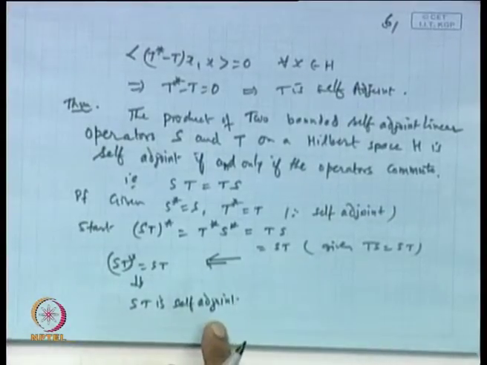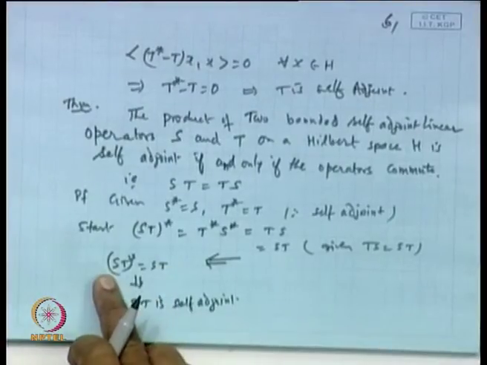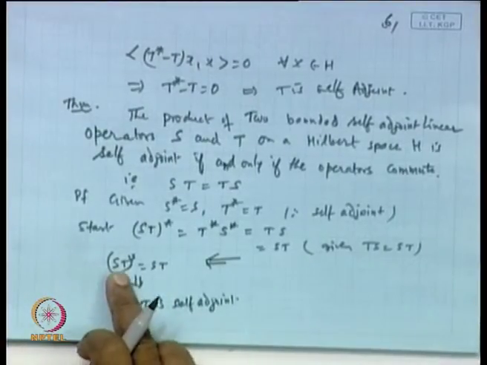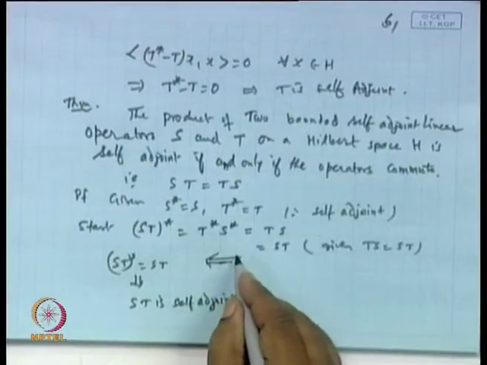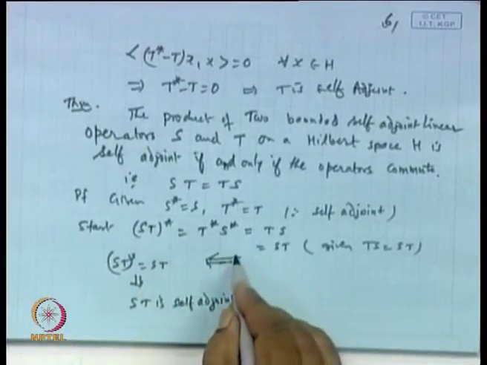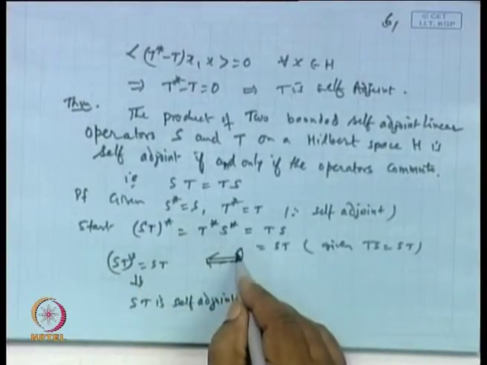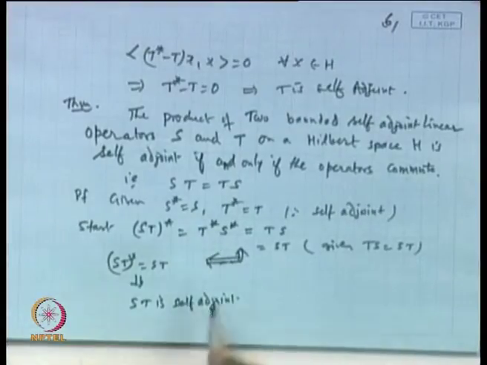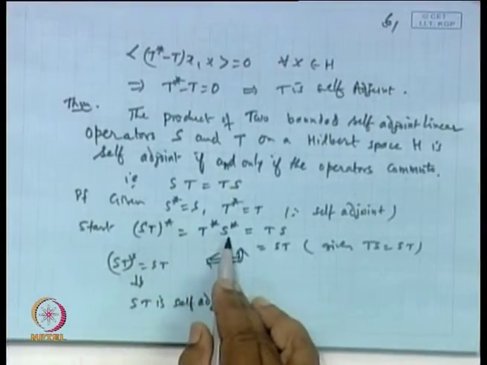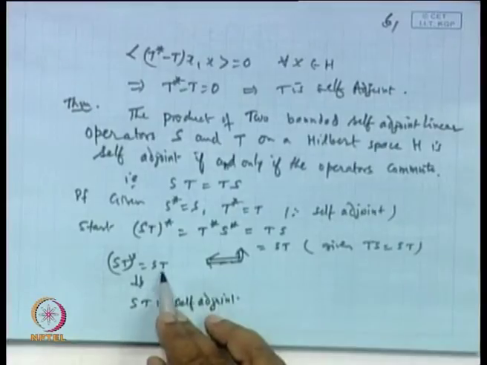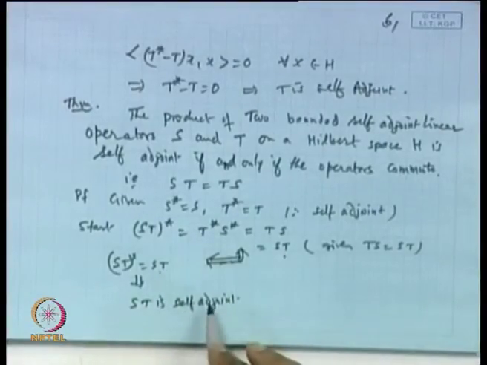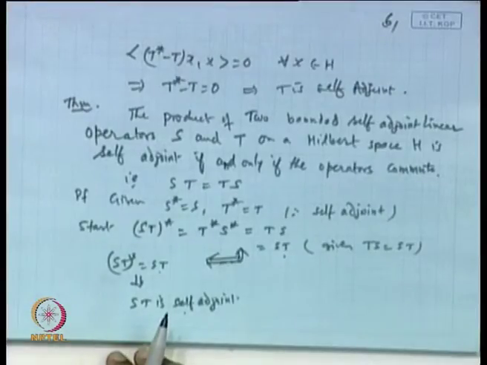Is it okay? Now, let us see the converse. Suppose ST is self-adjoint, then ST must be equal to (ST) star. And (ST) star means T star S star, and this is equal to ST, so TS equals ST. So, vice versa is true. Clear?